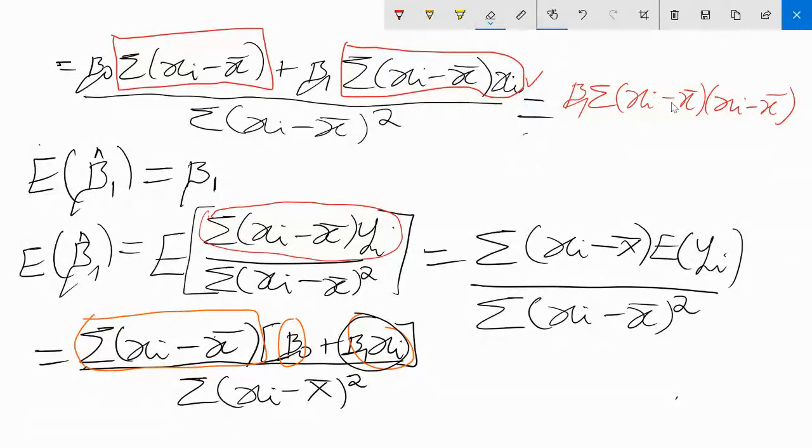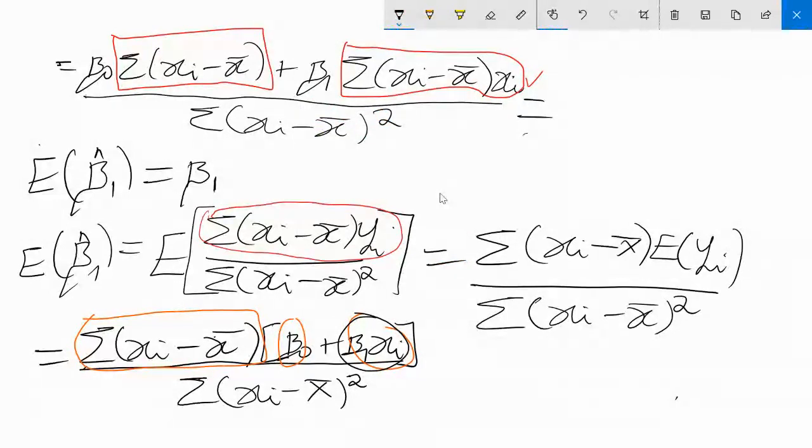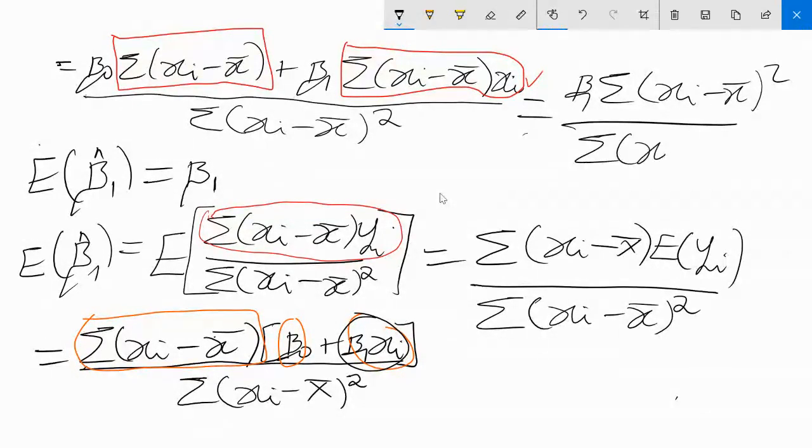Because this is xi minus x bar multiplied by xi minus x bar, this can be written as beta 1 summation of xi minus x bar squared divided by summation of xi minus x bar squared, and as you can see, these two cancel out, and we are left with beta 1.